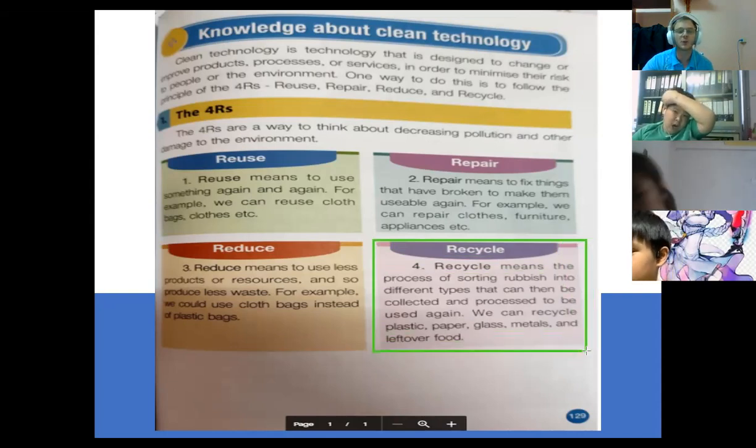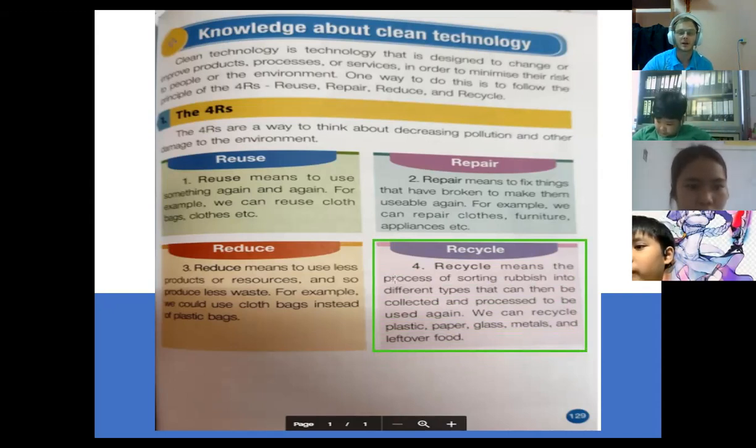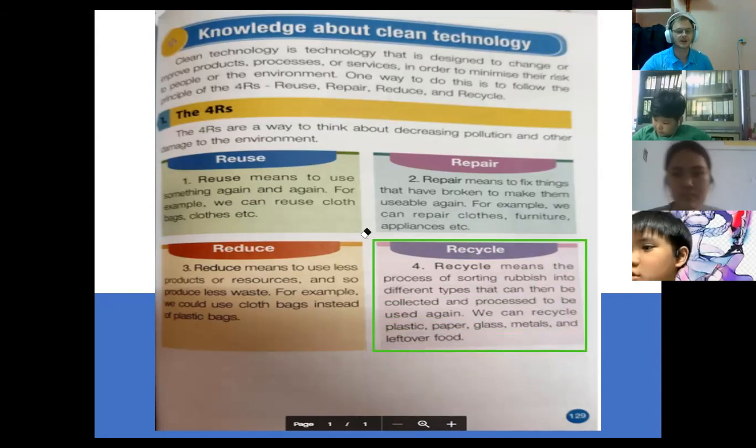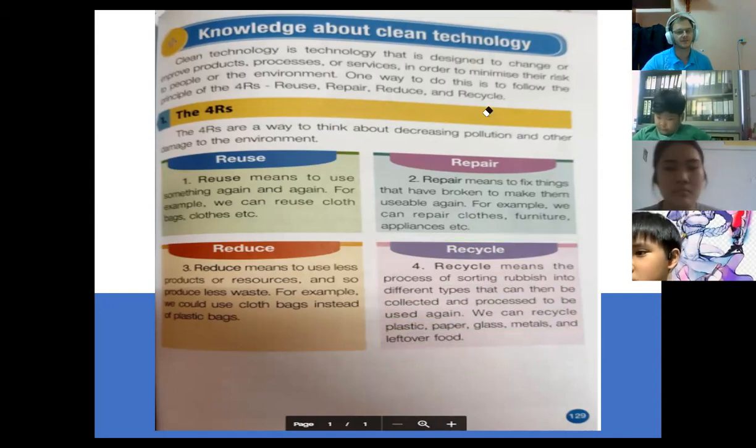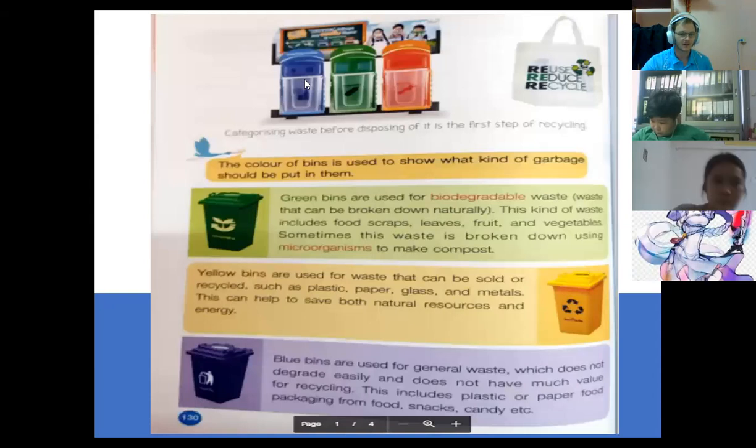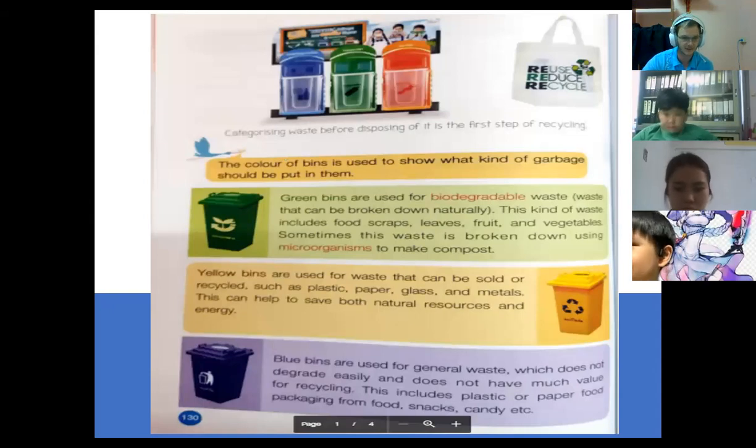Recycle is the future way of dealing with our waste products. We have to recycle them. Otherwise, they end up in the ocean and in the diets of fish, so we kill the sea life. Okay. So let's look at some ways of how we can apply these steps in our daily lives.